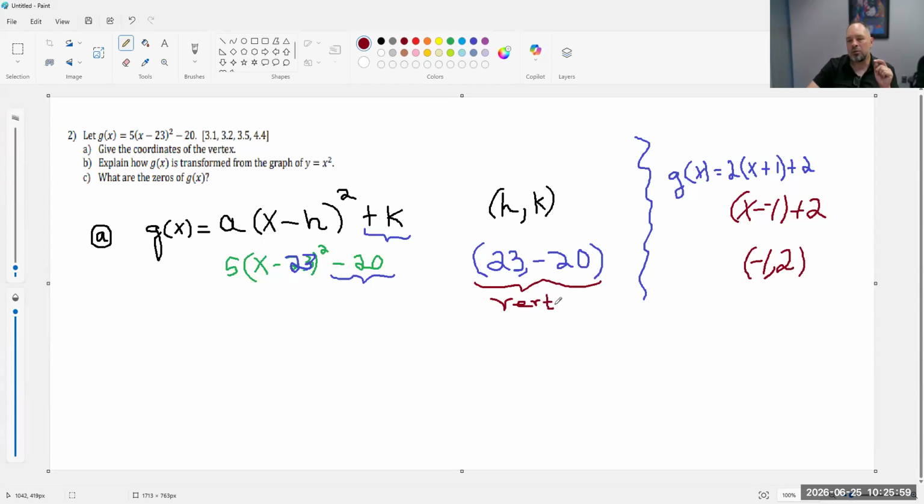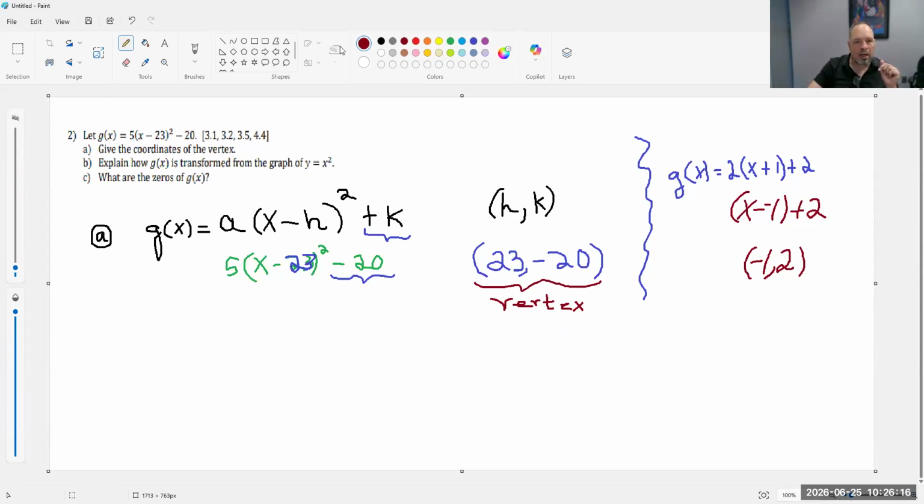So you may need to review how to use the formula and how to find the right signs. That's sometimes confusing for students.